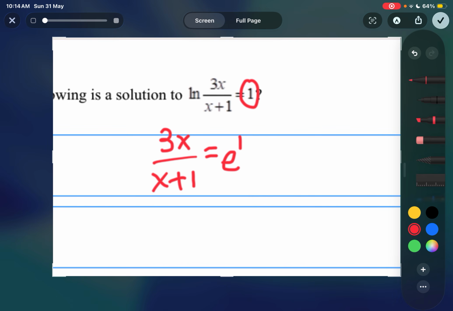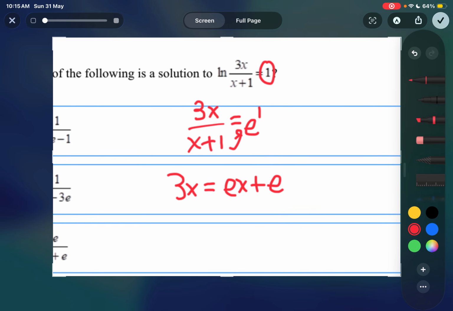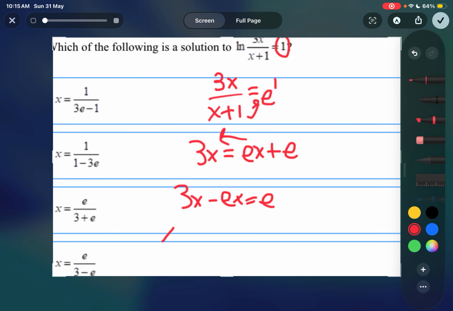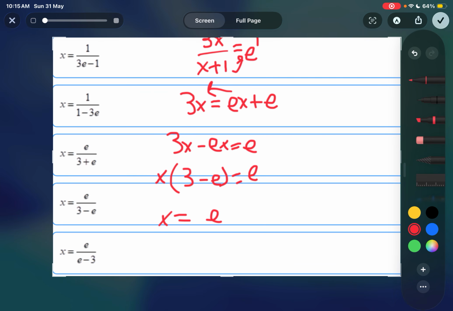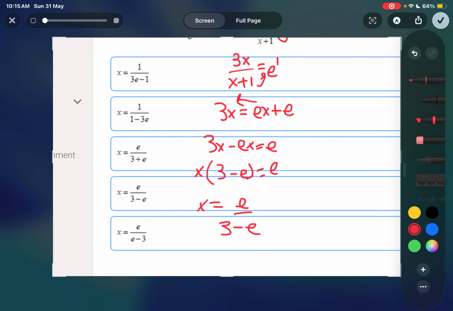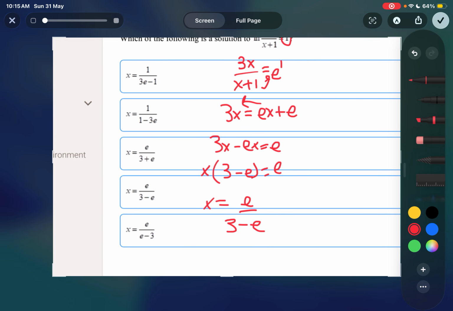They wanted x, so you move this up there. It will be 3x equal to ex plus e. You can move the e there. So 3x minus ex is equal to e. Take x as a common factor, so it will be x times 3 minus e is equal to e. Divide by 3 minus e, so x will be equal to e over 3 minus e. It's very easy.